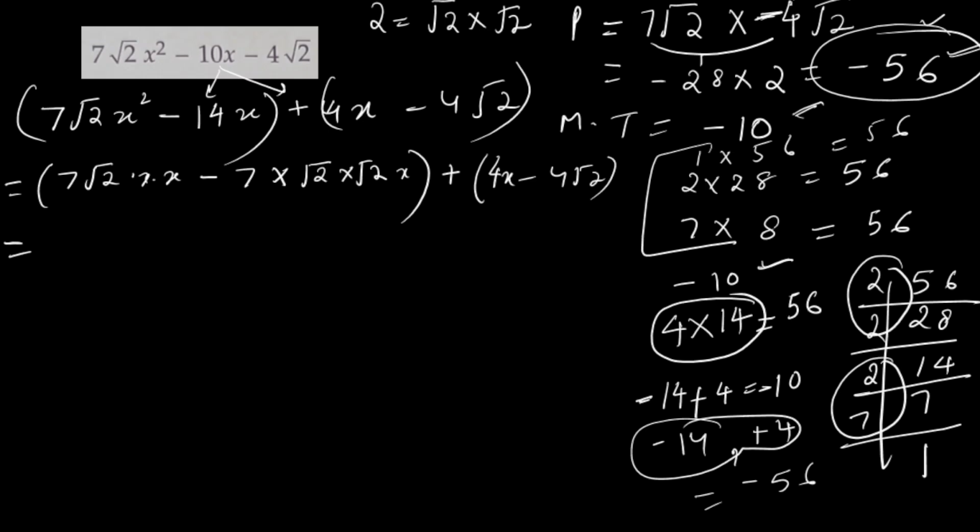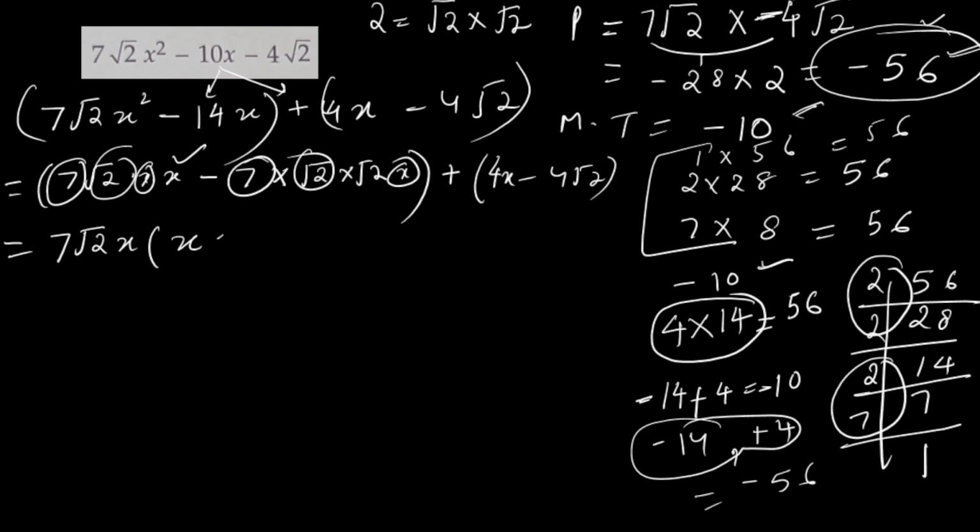Okay, so let's take out the common factor here. 7 is common and root 2 is also common and x is also common. So common factor altogether I can write 7 root 2x. Here x is left, minus, here root 2 is there: x minus root 2. This plus as it is. Here 4 is common, so 4 we can write out.